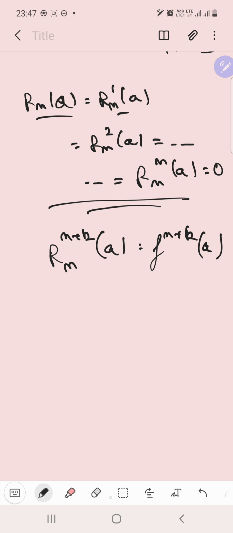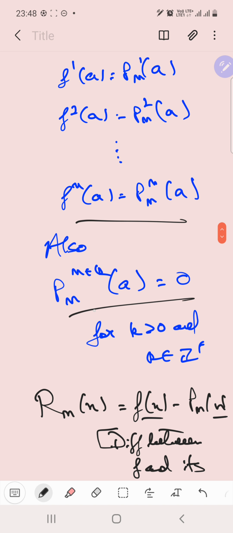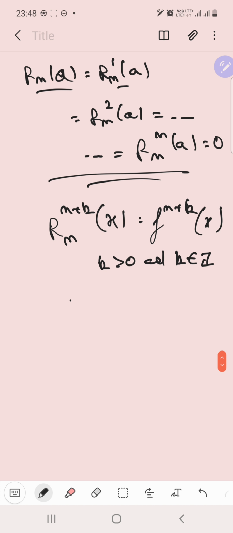Clear? Or you can write it in general form of x, with k greater than 0 and k belongs to integers. The reason behind this is this condition. Clear? Got it? Understood about this remainder function actually.